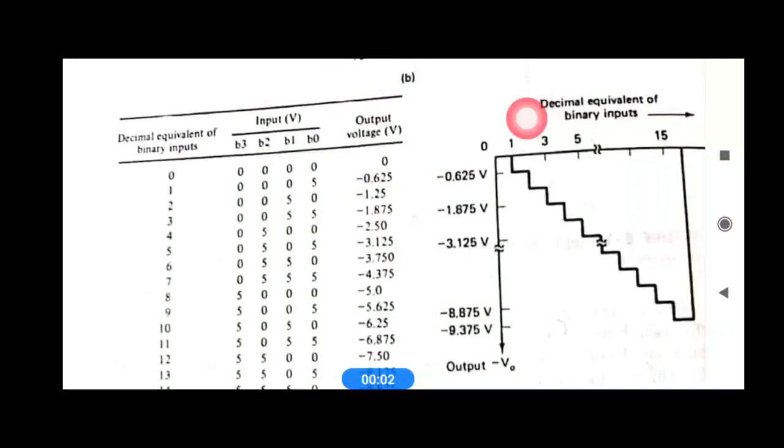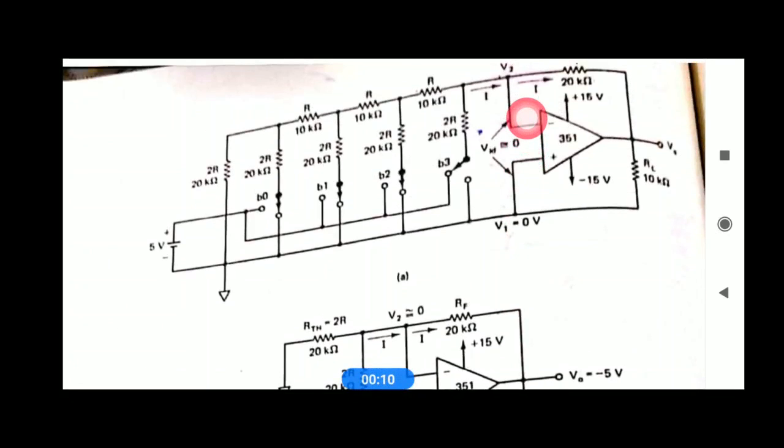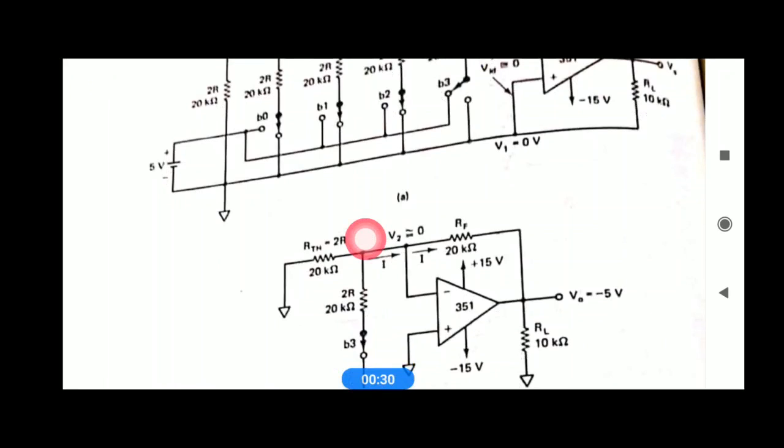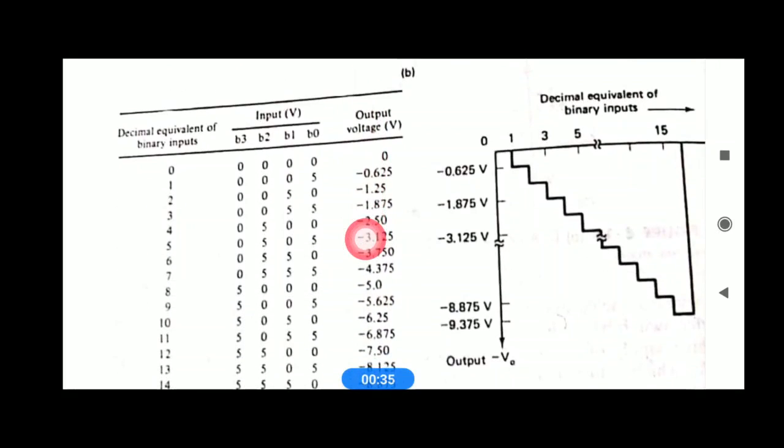Similarly, if you apply only B2, keeping B0, B1, B3 as 0, that is B2 is connected to plus 5 volt and the remaining inputs are connected to ground, and you do the analysis, the output voltage due to B2 you can see is minus 2.5 volt.